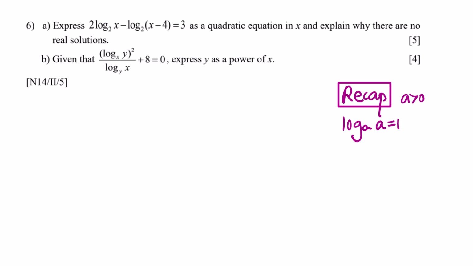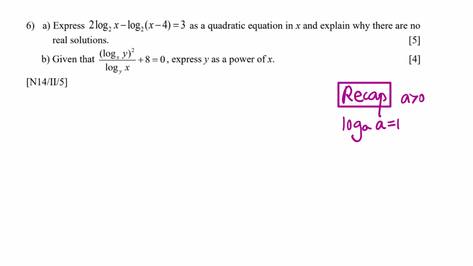So for question 6a, we are given a logarithmic equation and we are asked to express it as a quadratic equation in x, which is a similar kind of question that we have dealt with in the earlier questions. In the earlier questions, we were supposed to express it as a cubic equation. Here, we're supposed to express it as a quadratic equation.